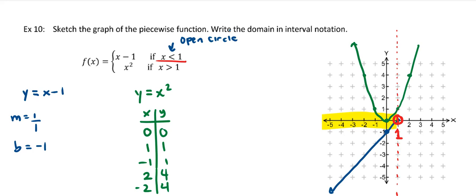But we have to be careful again, because we have to realize that if we're trying to deal with the domain, we're only going to take the portion of the graph for which x is greater than 1. So that's the portion of the graph to the right of the positive 1.